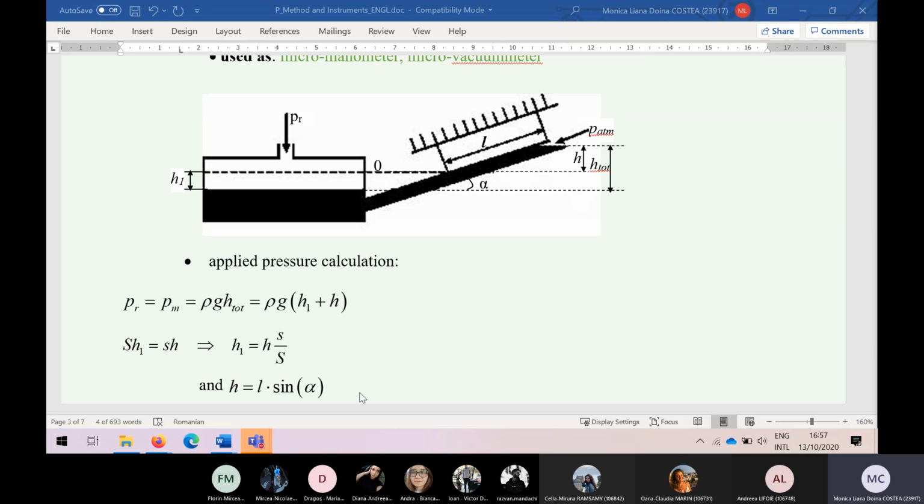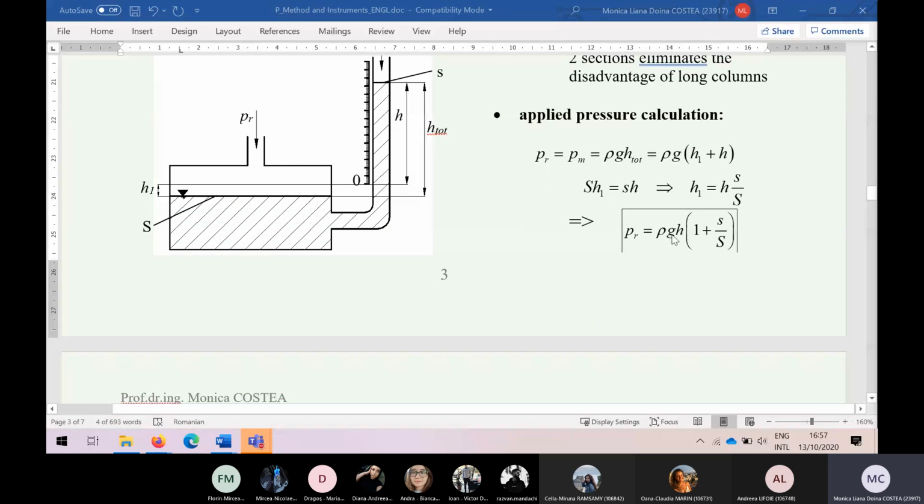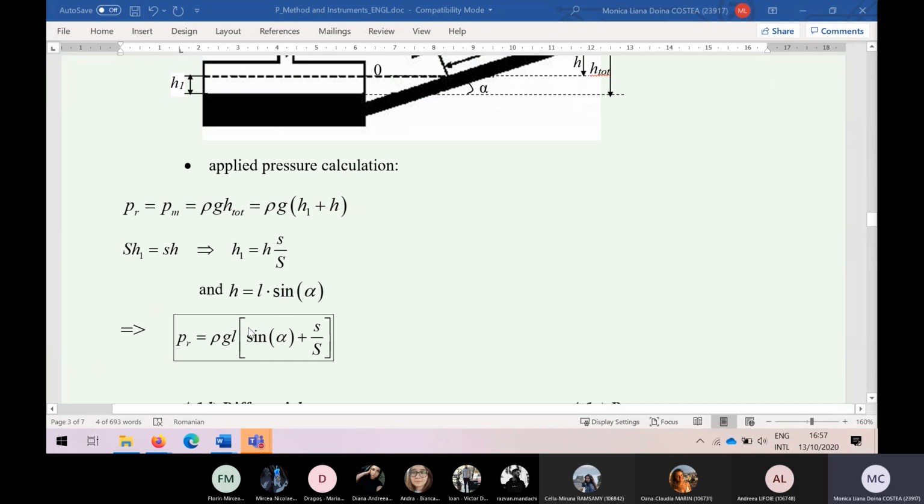So applying the trigonometric function sinus, we also have this information that we are looking for as a function of L. Now, when we put it together in the previous expression, we will get a similar expression as previous, rho, g, H that is read here, which will be replaced here by L. L will be read, yes, and the parenthesis will contain constructive elements, the angle and the ratio of the two surfaces.